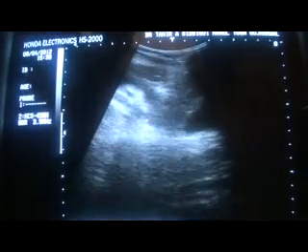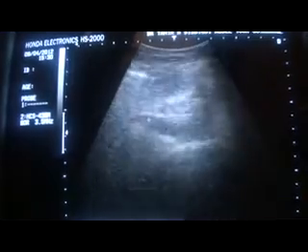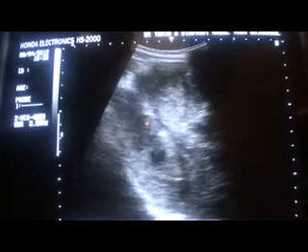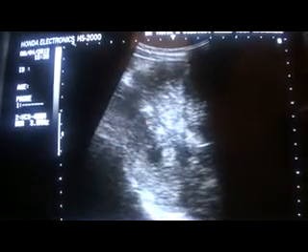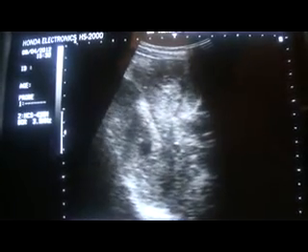Here is the uterus in longitudinal section. Now you see that this is the urinary bladder. This is the uterus.